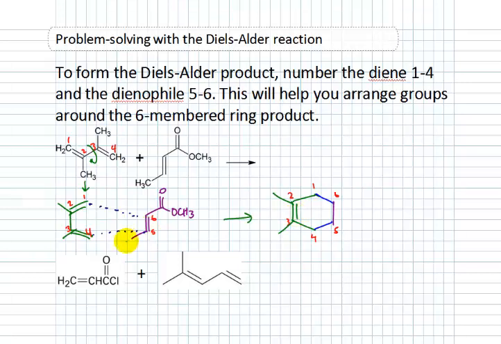Okay. 5 has a methyl group, 6 has a C double bond OCH3, but remember the stereochemistry is retained. So if I were to draw that methyl group going down, I would have to draw the C double bond OCH3 coming up. So a dashed line and a wedge line, as a trans product like that.